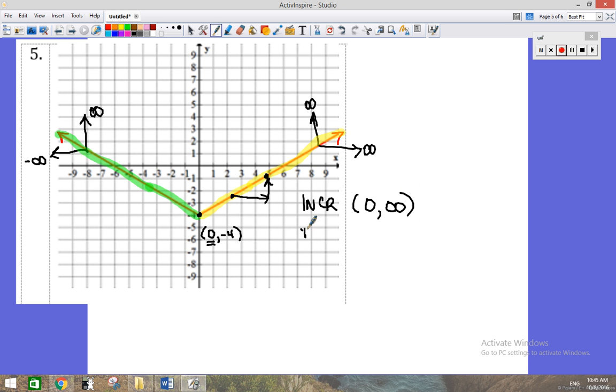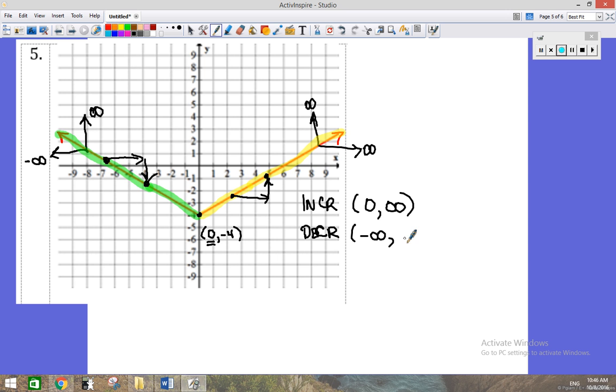Now, the function is decreasing. As we enter from the left, we hit that arrow. We know that that arrow indicates that the x values are coming from negative infinity. And as I move to the right, if I pick any 2 points that are in this region that's shaded in green, the x coordinates are less than 0, and as x is increasing, the y's are decreasing.